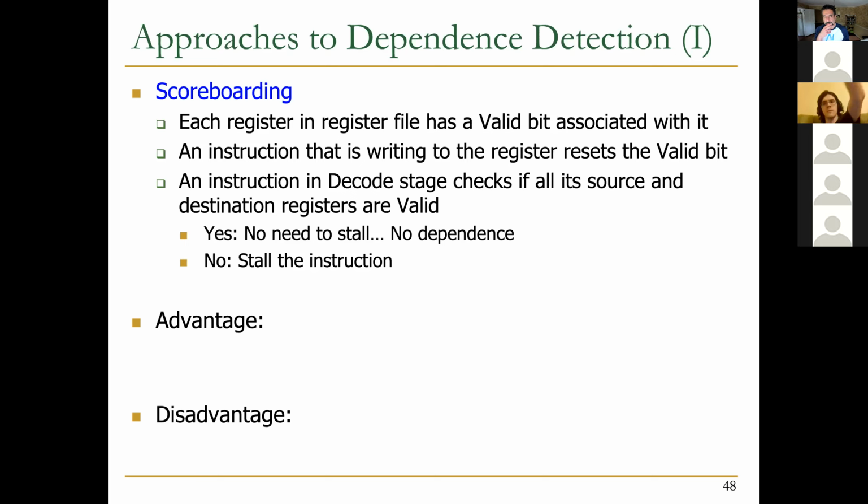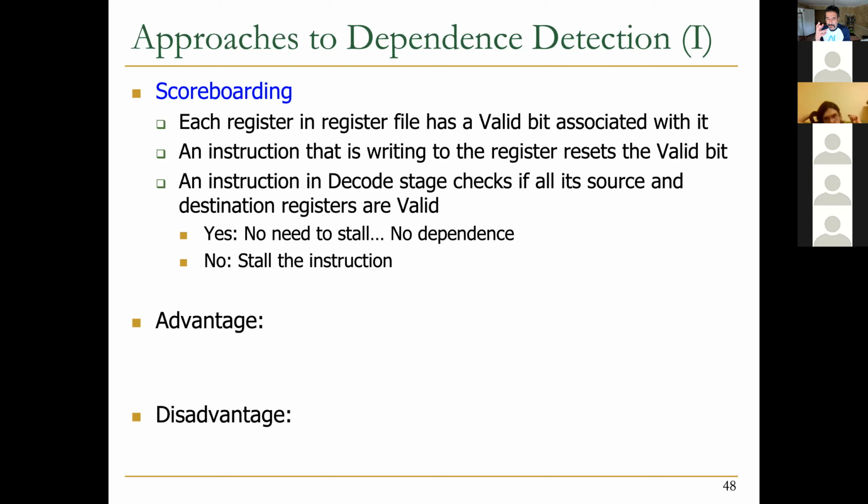If the register is not valid, meaning we need to stall this instruction that is at the earlier stages.